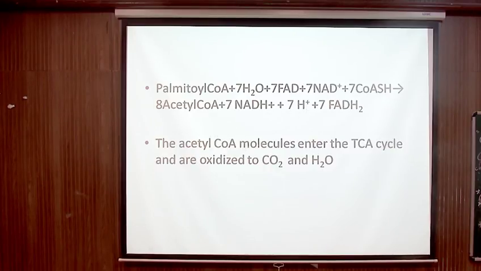The acetyl coenzyme A molecules we get enter into the TCA cycle, thereby generating energy, and so do the FADH2 as well as the NADH.